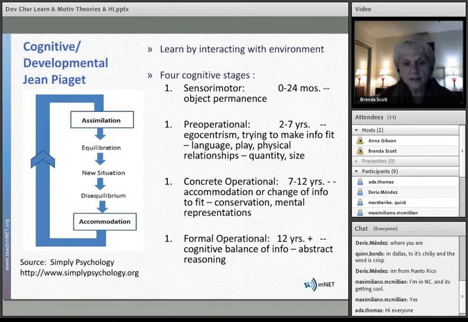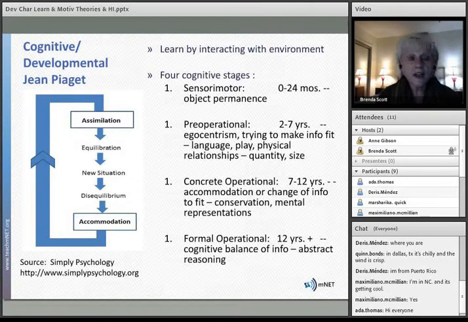Piaget obviously is very important and has a very high-ranking place in education because his stages do bear some very true things for education here. So I listed his 4 cognitive stages out for you.